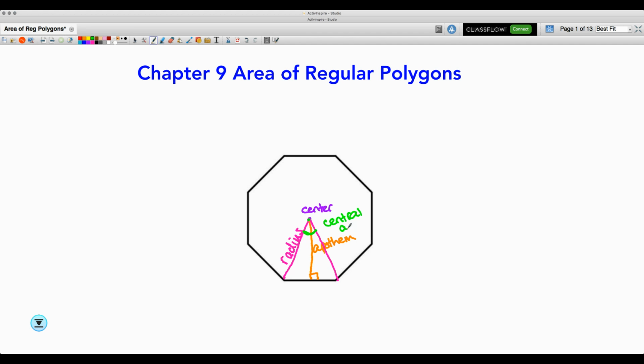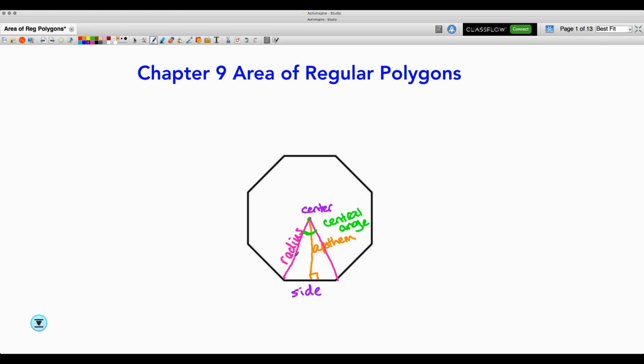And as we start talking about circles as we finish up the year, we will talk about central angles. But those are the parts that you need to know for a regular polygon. Also, the side of the polygon is just known as a side. Okay, so those are all the parts that we need.